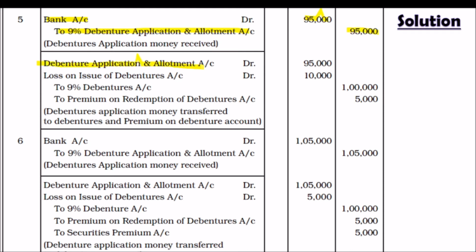Debenture application account debit, loss on issue of debenture account debit to 9% debentures account, to premium on redemption of debenture account. And 95,000 will be coming into the account. The loss amount is 10,000. 1 lakh is the actual amount we have to get in the debenture account. Redemption is at a premium, so 5,000.